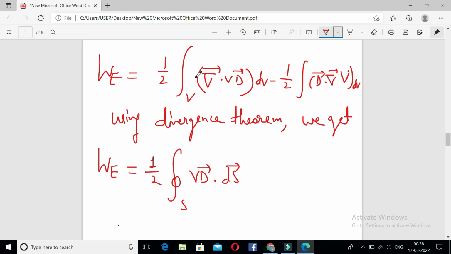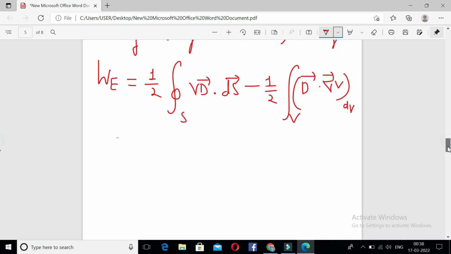Here we are reversing the process: the volume integral converts into a closed surface integration, and this is the circulation. Minus 1 by 2 integral of D dot del V dV.